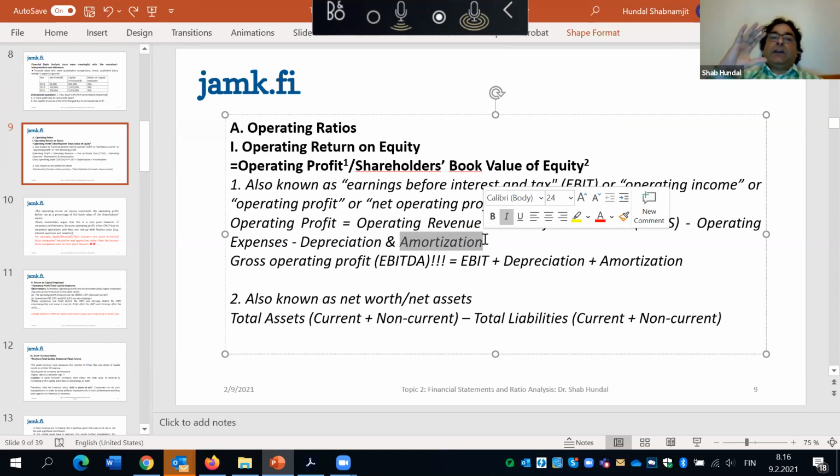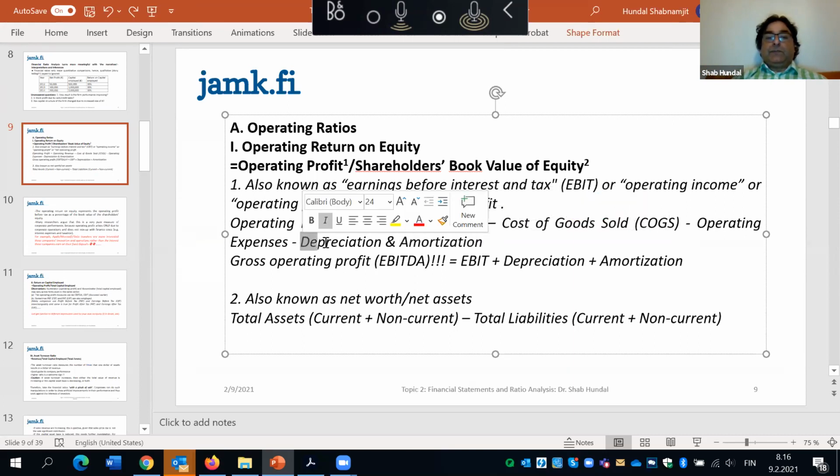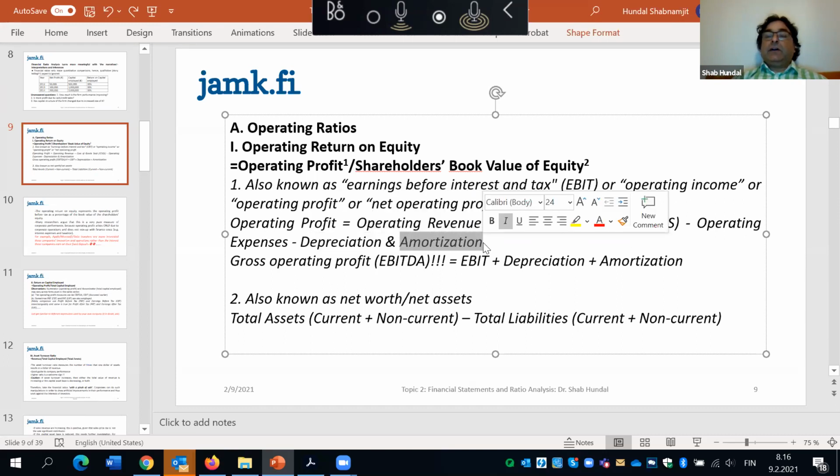It means that on average, the software is losing its value 250, 250, 250, 250. So by the end of the 4th year, the value of the software is 0. But then you will not call it depreciation. You will call it amortization, because it occurred on an intangible asset.